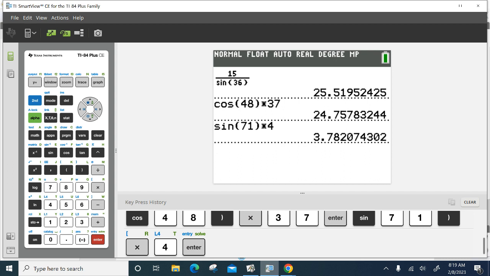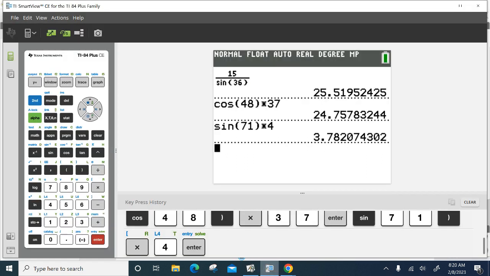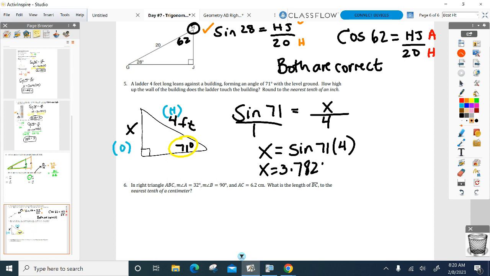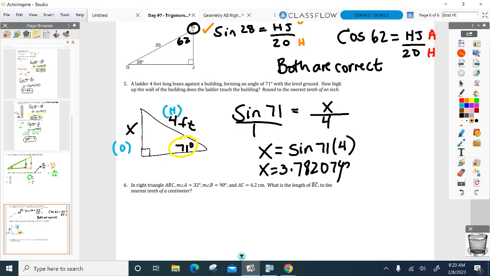But I need my answer in inches. So what am I going to have to do to this answer to get the inches? How many inches in a foot? 12, right? X equals 3.782074302, but that's in feet.